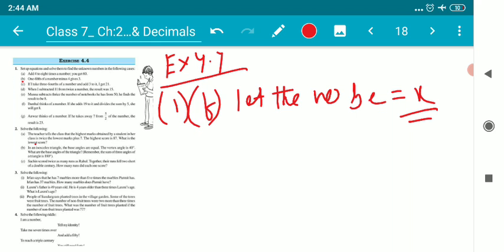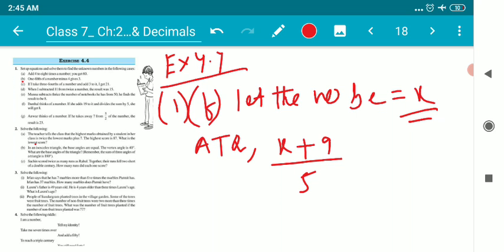Okay, after that, if she adds 9 to it, means x plus 9, and divides the sum by 5, means I'm dividing the total sum by 5.